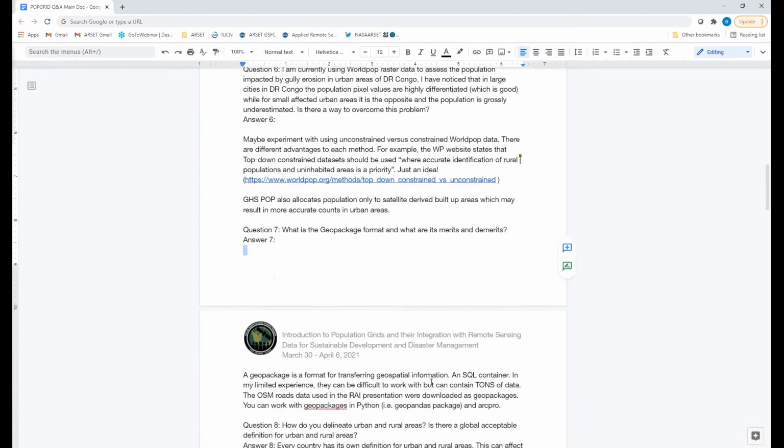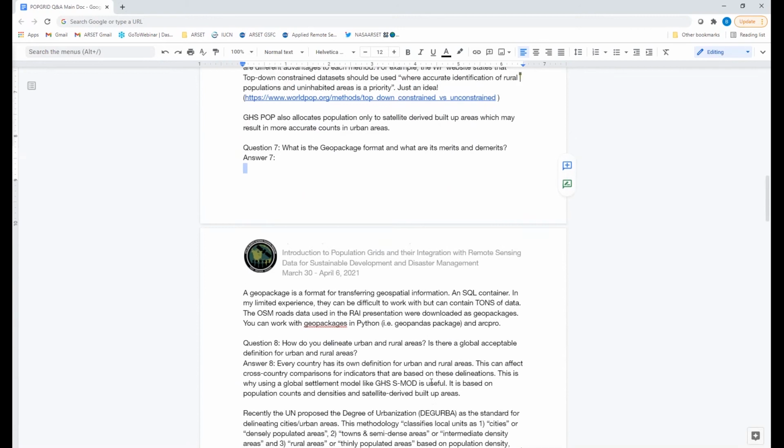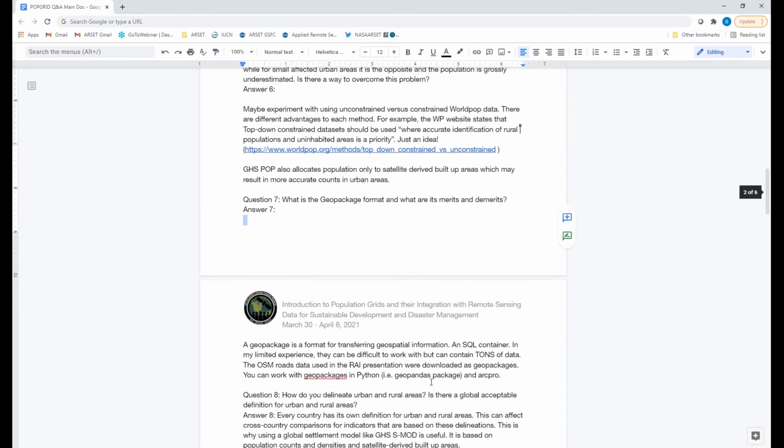WorldPop provides their data both unconstrained and constrained. Constrained means that they are using a settlement model and only allocating population to areas that are considered settlements, whereas the unconstrained version is allocating population without the incorporation of a settlement model.